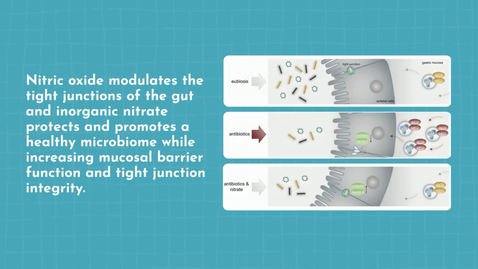But if we have the presence of antibiotics, which we know are highly disruptive for the gut lining, we know that those will affect also the tight junction molecules, occludin and claudin 5. There's going to be leakiness of the gut, and also an increased production of pro-inflammatory molecules.